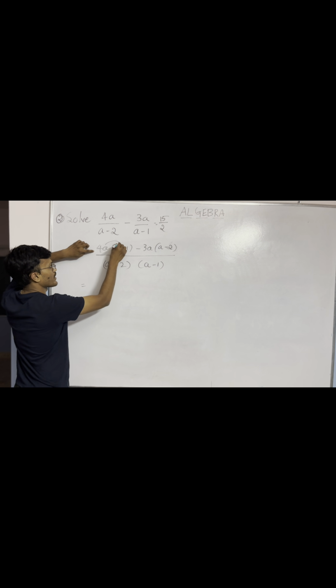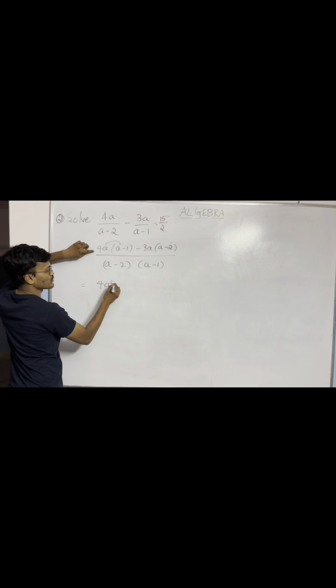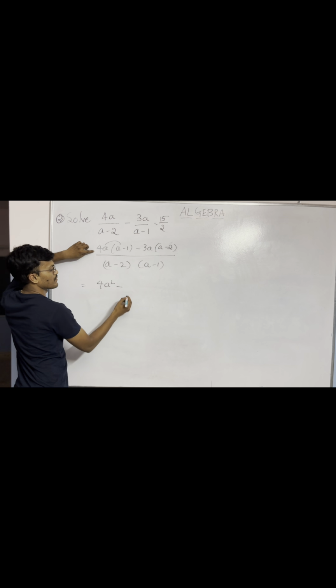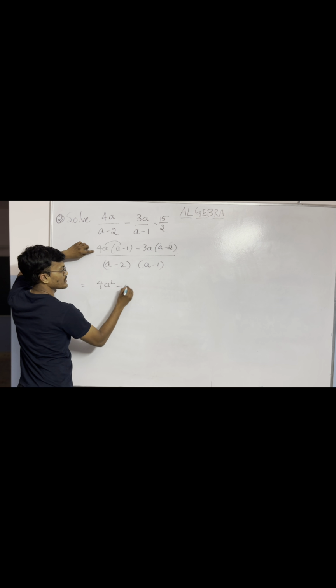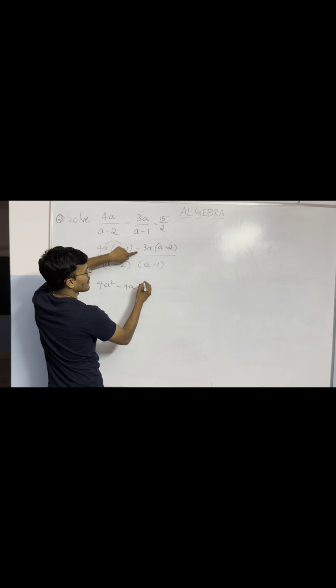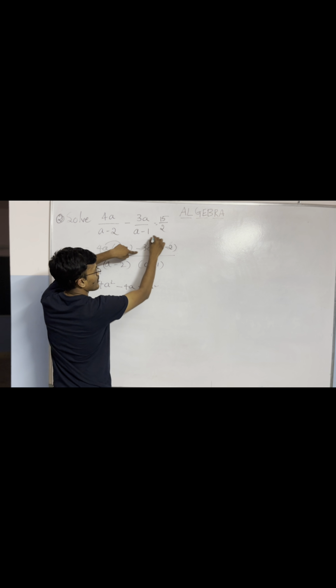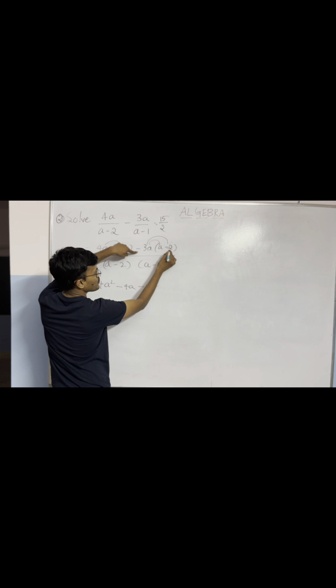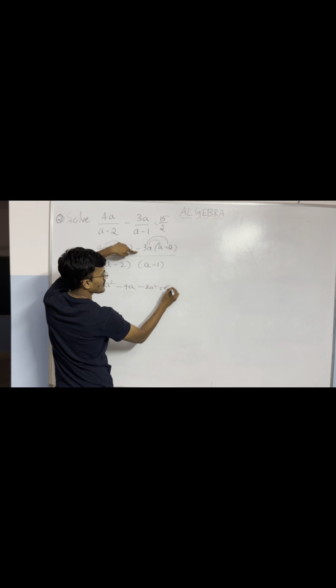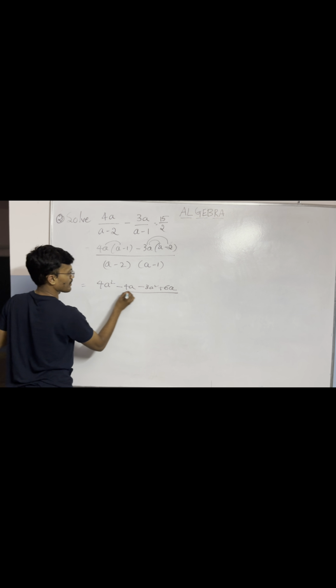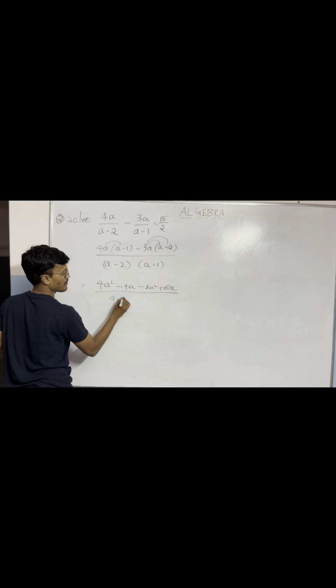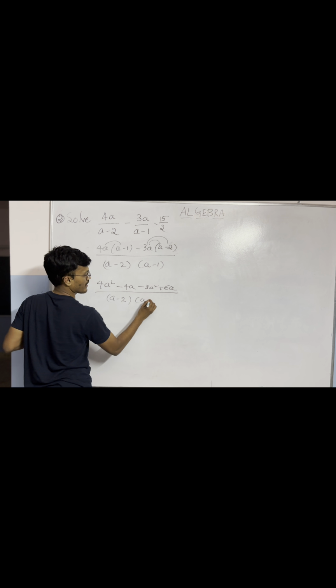Now 4a into a is 4a square, 4a into minus 1 is minus 4a, minus 3a into a is minus 3a square, and minus 3a into minus 2 is plus 6a.